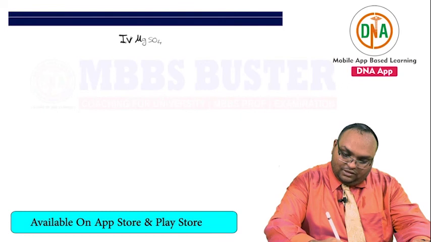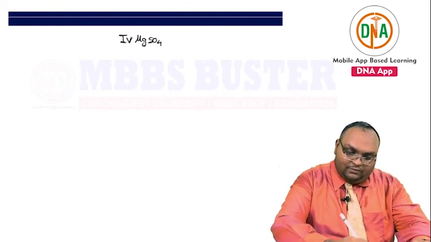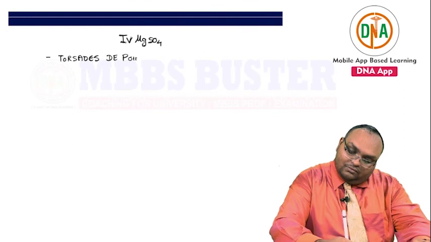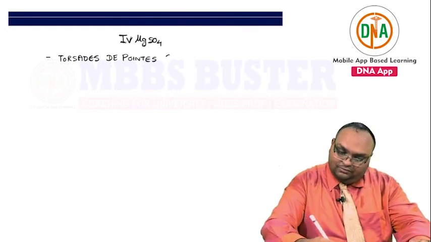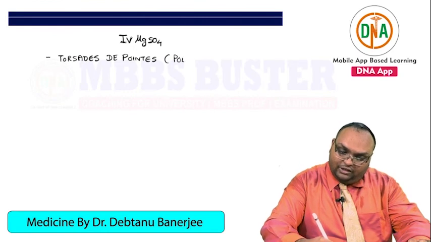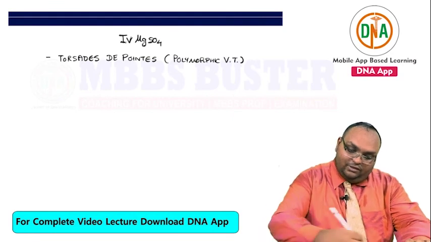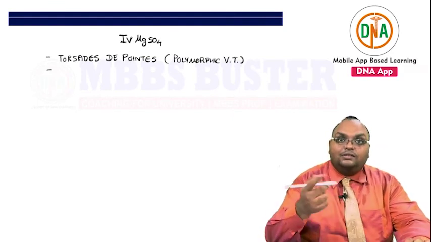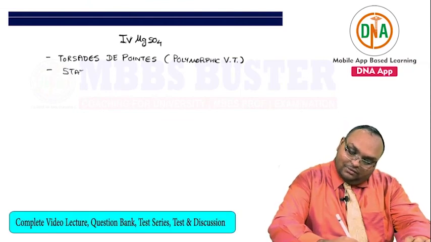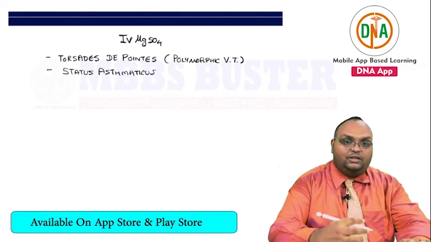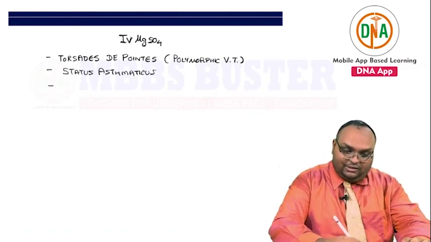IV magnesium sulfate definitely can be given in Torsades de Pointes, that is a CVS condition, which is your polymorphic ventricular tachycardia. It could be given in, what is that, status asthmaticus, yes. It could be given where a woman just prior to childbirth or even during childbirth is in seizures, so you could give it in, yes, eclampsia.